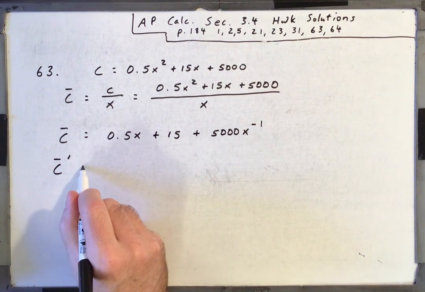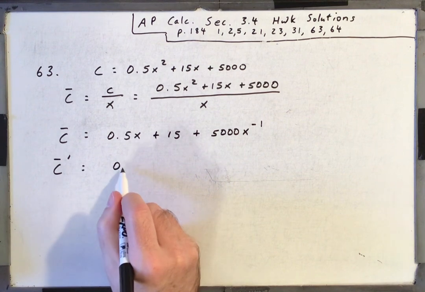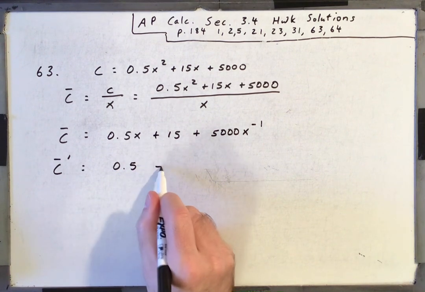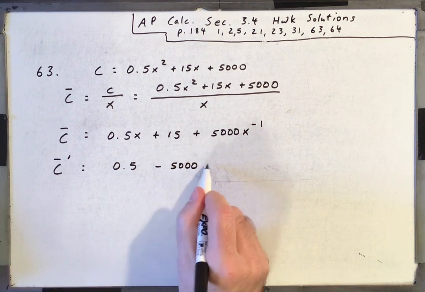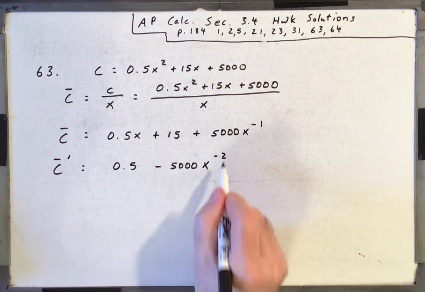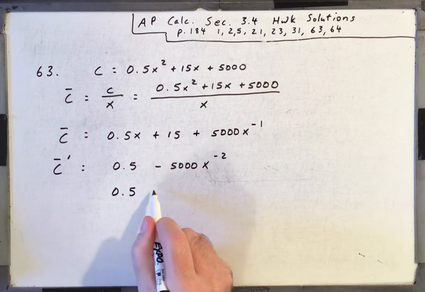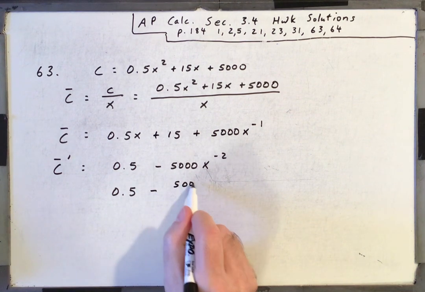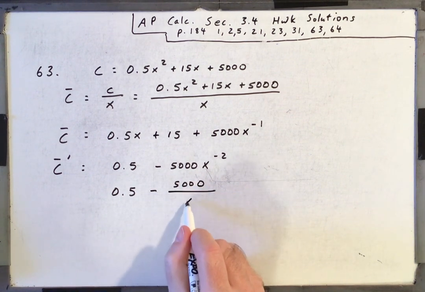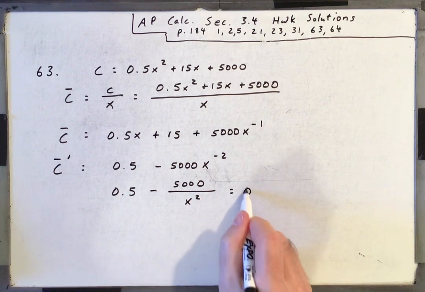Now to find a minimum, we have to take the derivative, so that's going to be 0.5 minus 5,000x to the minus 2. We have to set that equal to 0. I'm going to rewrite 5,000x to the minus 2 as 5,000 over x squared.